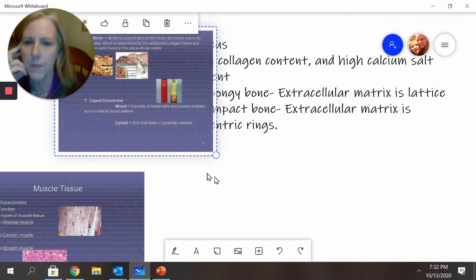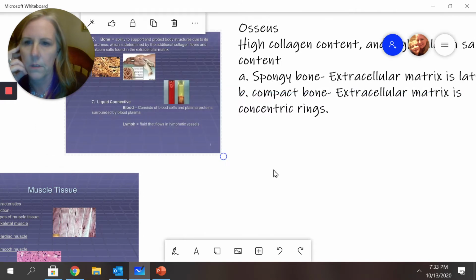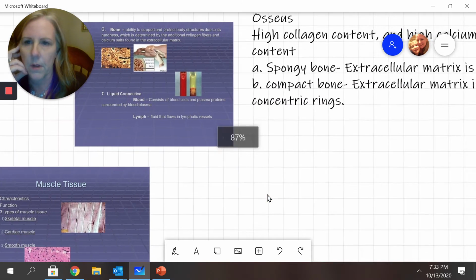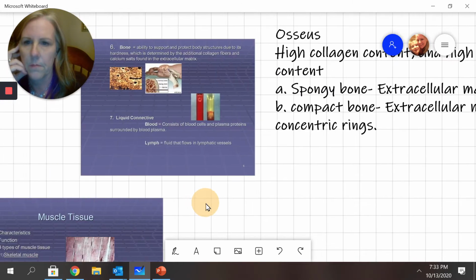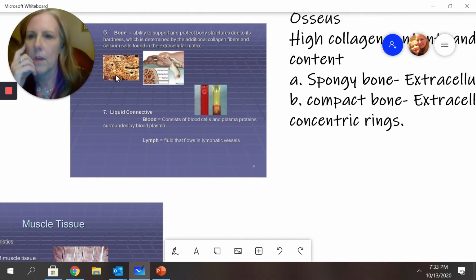So if you can look, I'm going to try to move this picture over and maybe blow it up so you can see the picture. Right in here, you're seeing compact bone. This is a histology slide of compact bone, and you should be familiar with this because you covered some of this in lab.